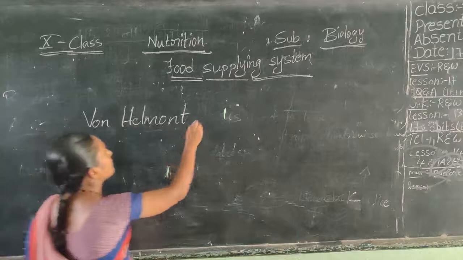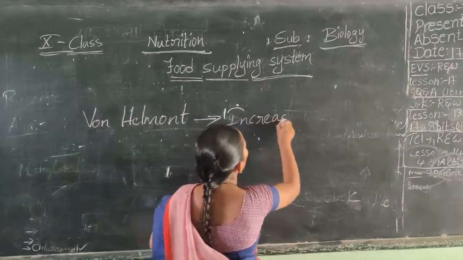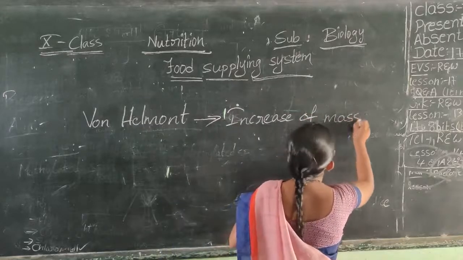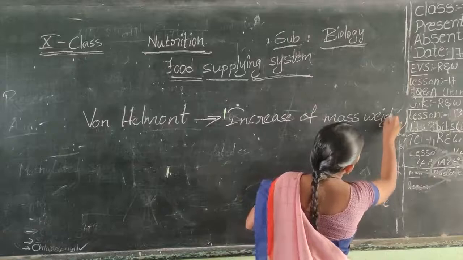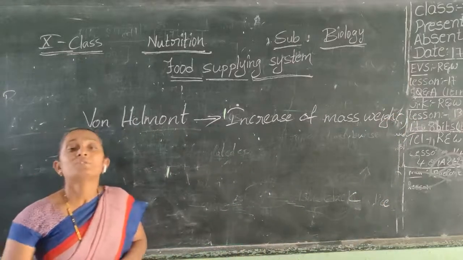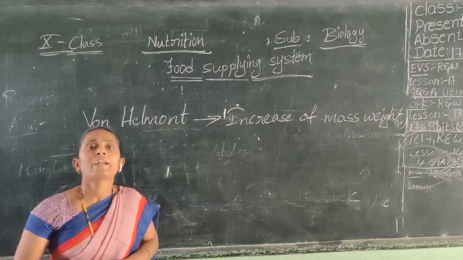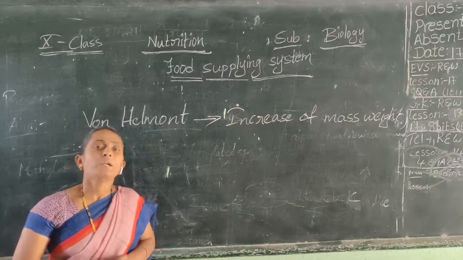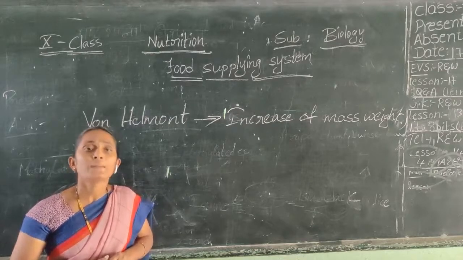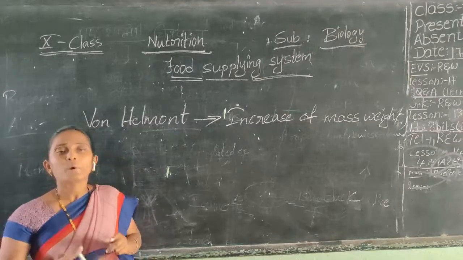Mass means the weight of the plant. After 1 year, he observed the plant. The size of the plant had increased, but he did not apply any water to the plant. Only the rainwater helped the potted plant to grow.